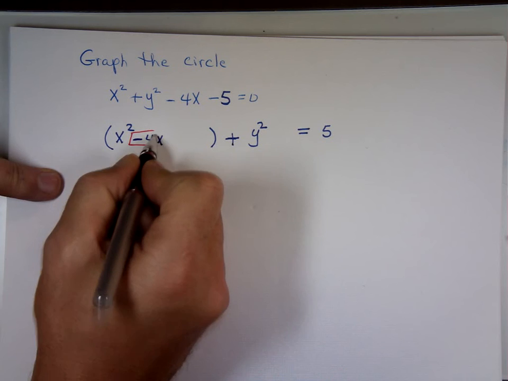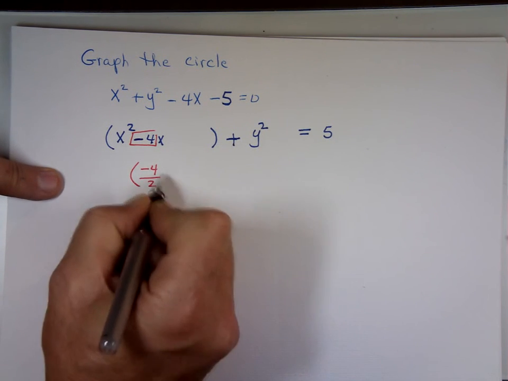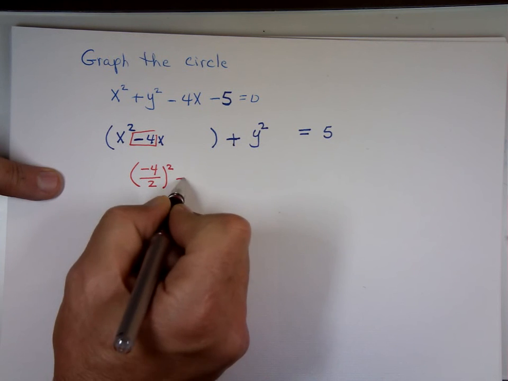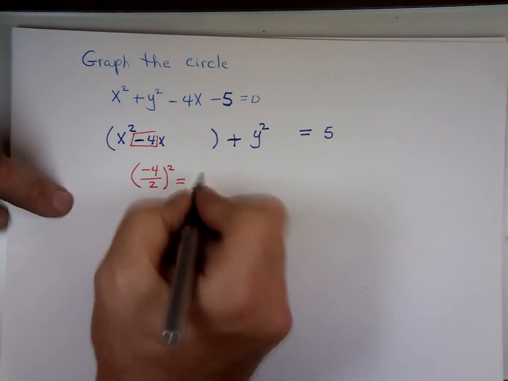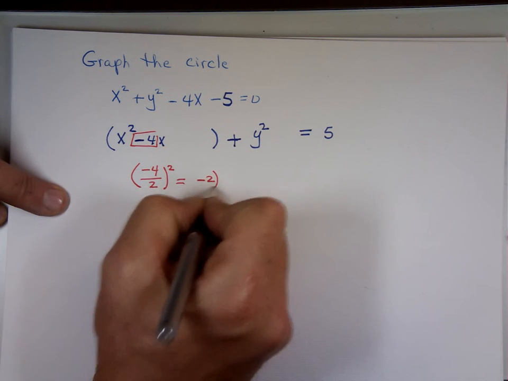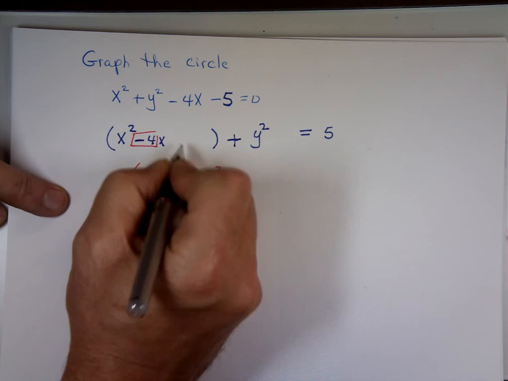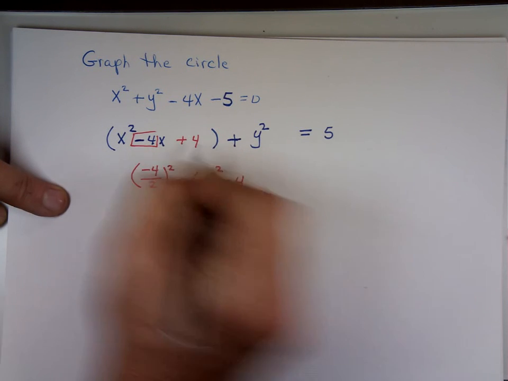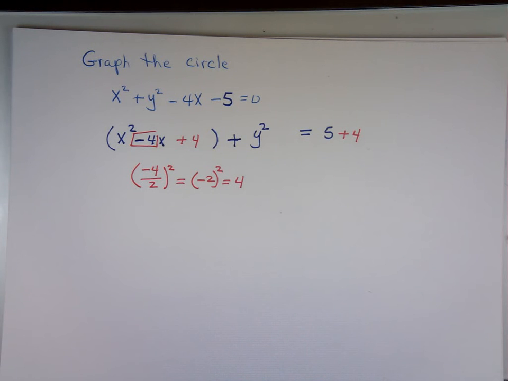Divided by 2. It's always by 2, and square it. What's minus 4 divided by 2? Negative 2. Square it, which is what? 4. Let me add 4. And let me add 4. I can't complete the square for y, but it's not a big deal.